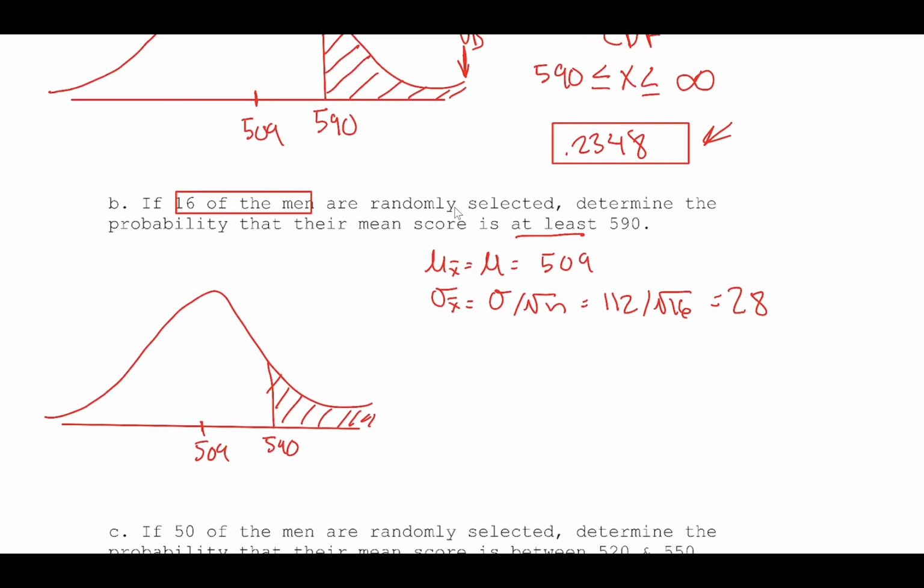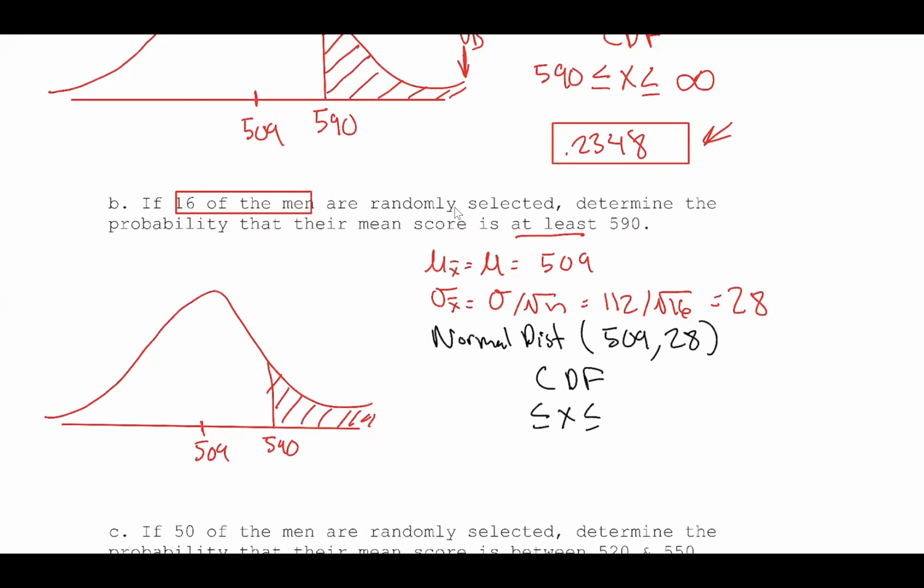So when we go to ClassCalc, let's do a different color. We'll say normal distribution. You say mean of 509. You say standard deviation of 28. Then you say CDF.